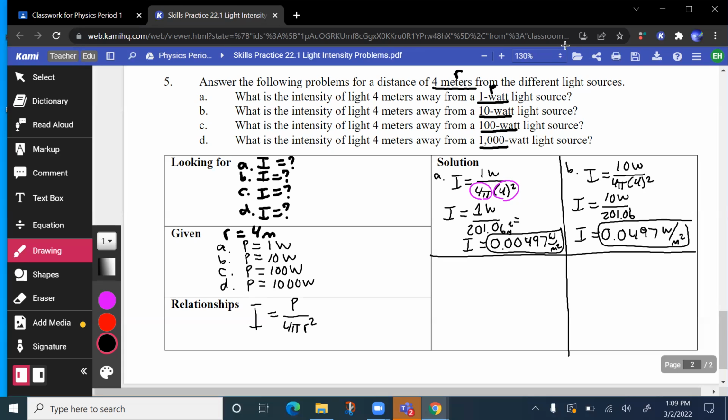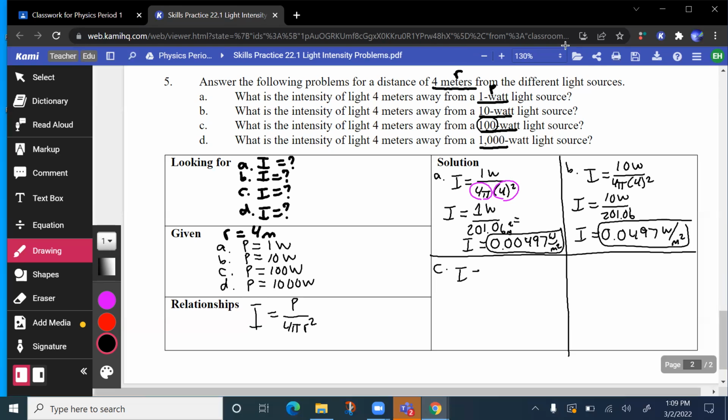If you look, the difference between part A and part B is that part B is only one 0 in the decimal point instead of 2. Part B is 10 times larger. Well, that makes sense. We have 10 times as much wattage, 10 times the power. Therefore, we have 10 times the intensity. So part C, if you think about it, we're going 10 times greater with a 100 watt light bulb.